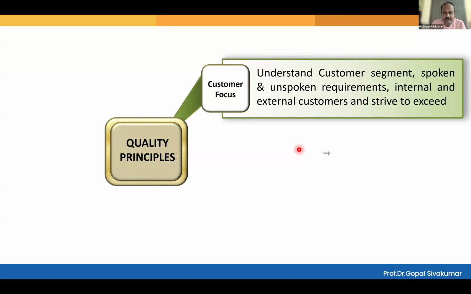The expectations and the needs together become the customer requirement. And now when you talk about customer requirement, a very, very important thing is you should be able to measure your performance against the customer requirement.